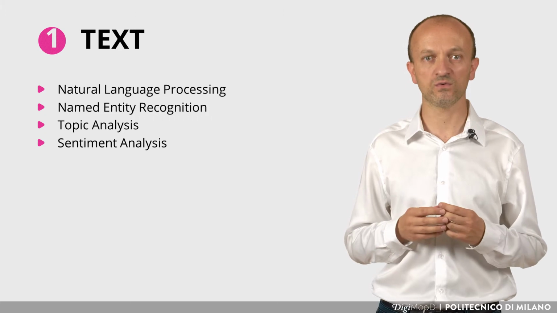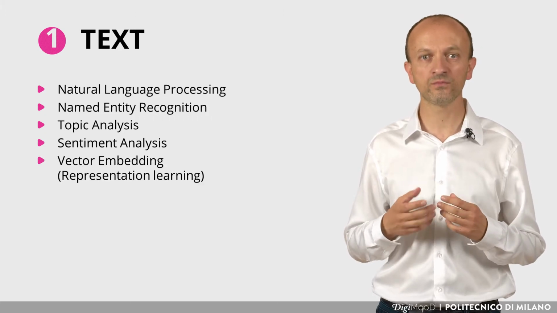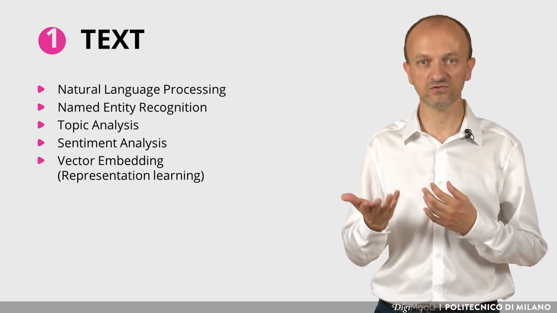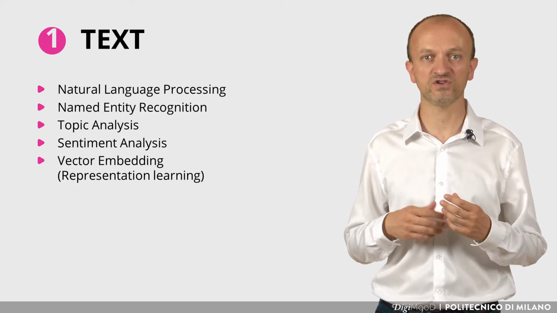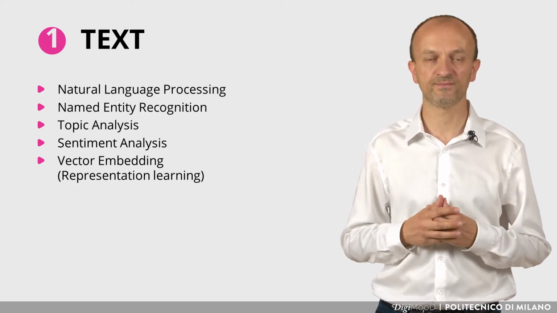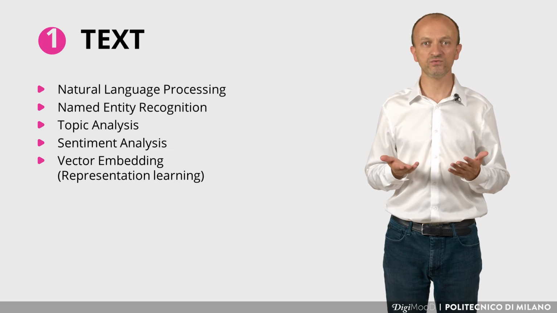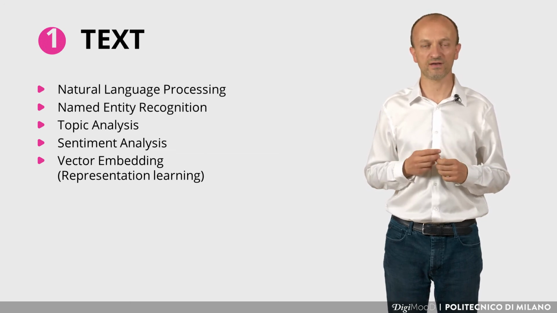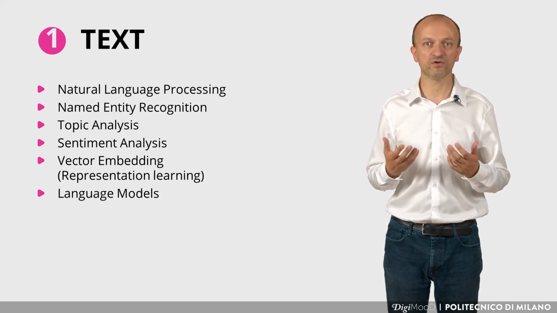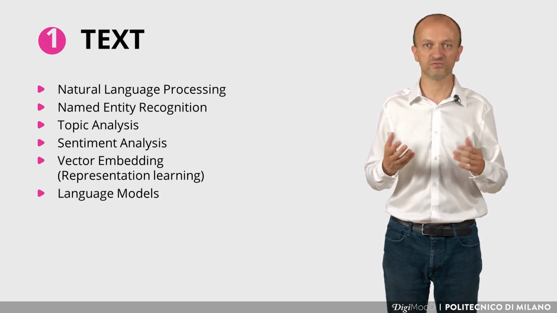Additional techniques, known as vector embeddings, perform transformations from text into vector format, so that machine learning solutions can be applied. The most recent solutions, implemented by Google and other AI big players, define the concept of language model, built over enormous quantities of text.